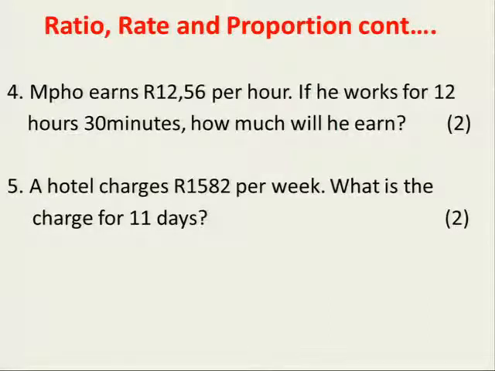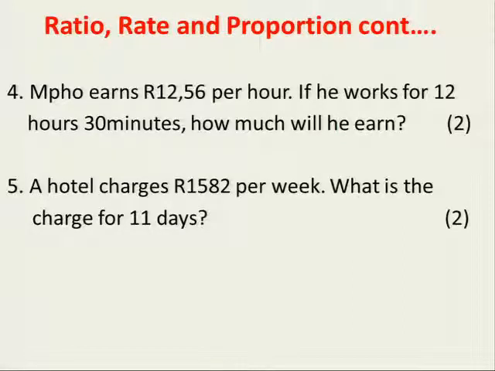So now let's see. You can solve this using ratio. You can solve it directly. We know that for 1 hour it is 12 Rand 56 cents. So now we're having 12 hours.